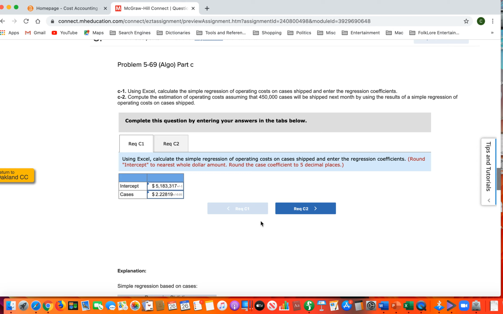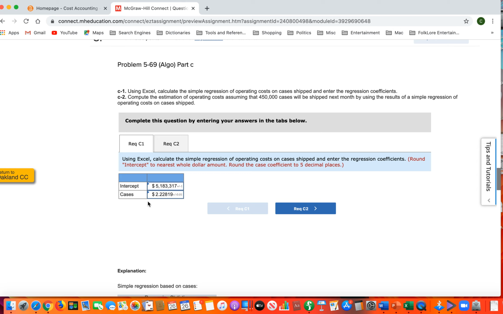Okay, here's what I want you to know. Again, it says using Excel. We're not going to use Excel for the reasons I explained. And estimate 450,000 will be shipped. Now, don't forget, if you remember from junior high, what they call middle school now, I'll tell you how old I am, right? On the slope of the line, it's called the y-intercept.